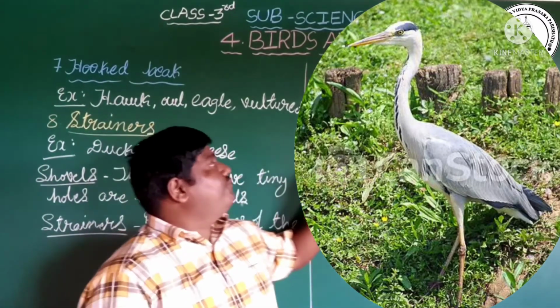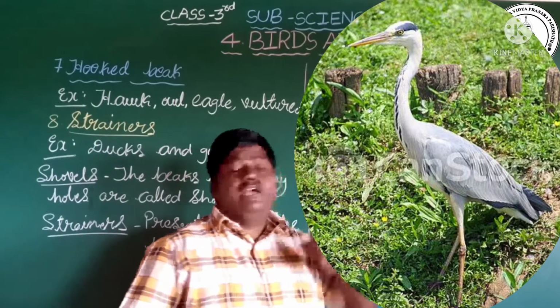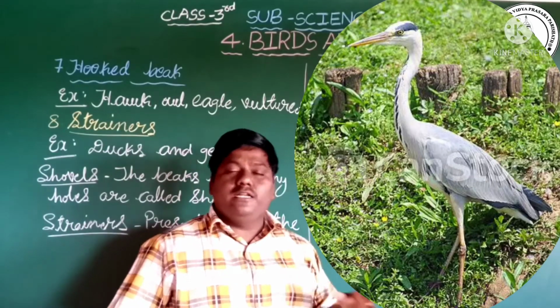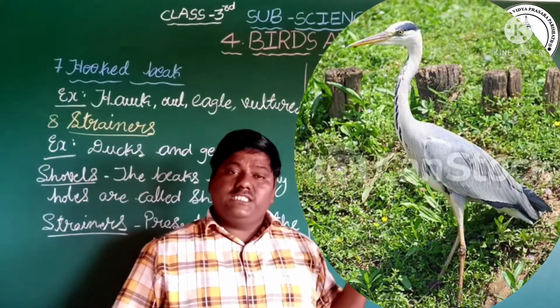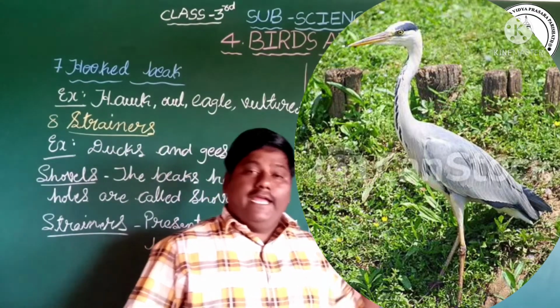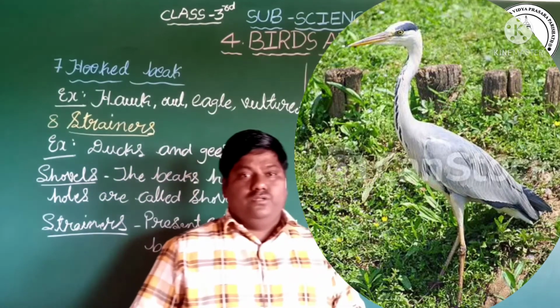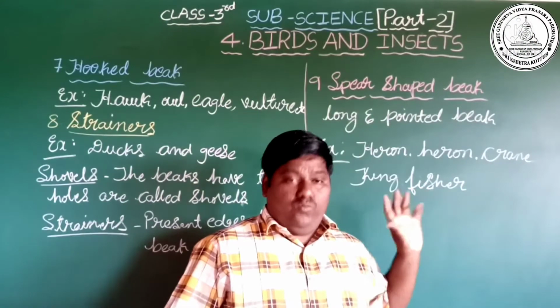What is the use of this beak to heron, crane and kingfisher? Here, these beaks help the bird to catch the tadpole, to catch the insects, to catch the fishes present in the water.